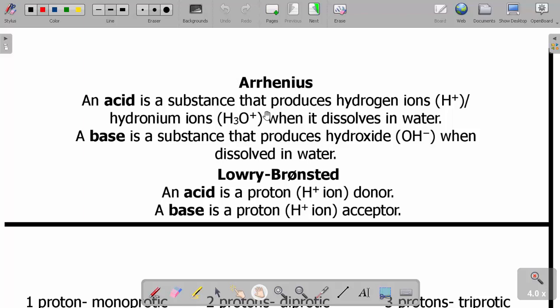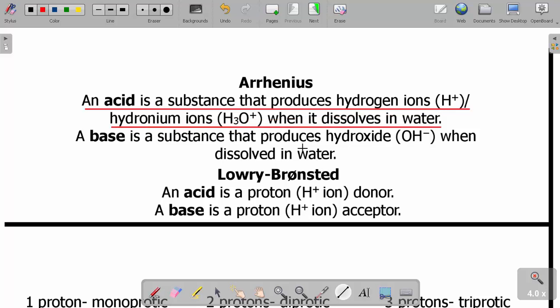One of them is called Arrhenius, and Arrhenius defined an acid as a substance that produces hydrogen ions or hydronium ions. So if they say define an acid according to Arrhenius, you say it is a substance that produces hydrogen ions or hydronium ions when it dissolves in water.